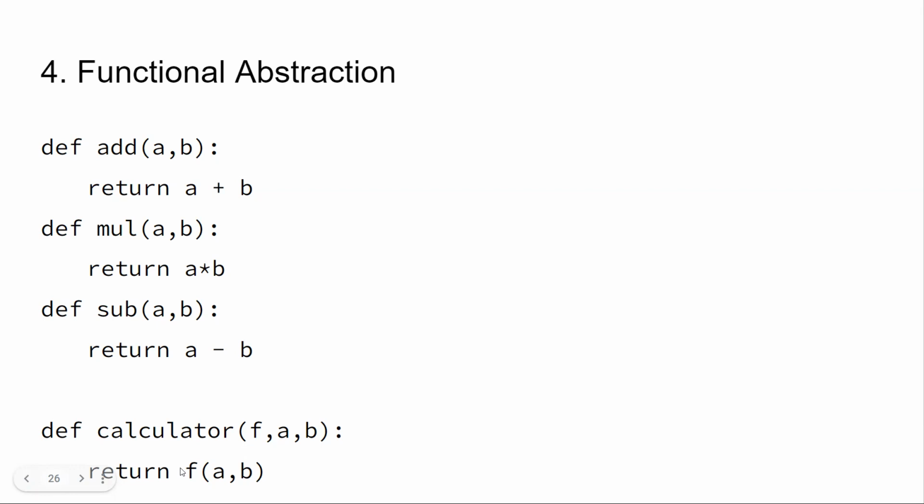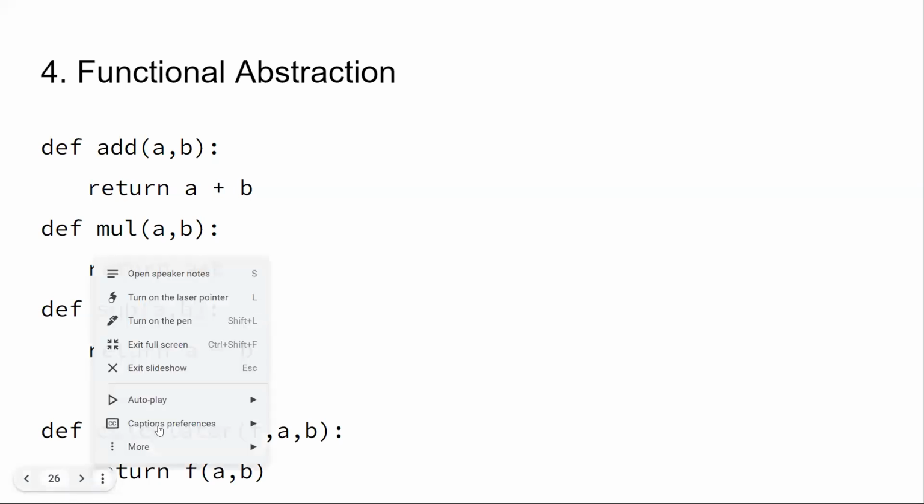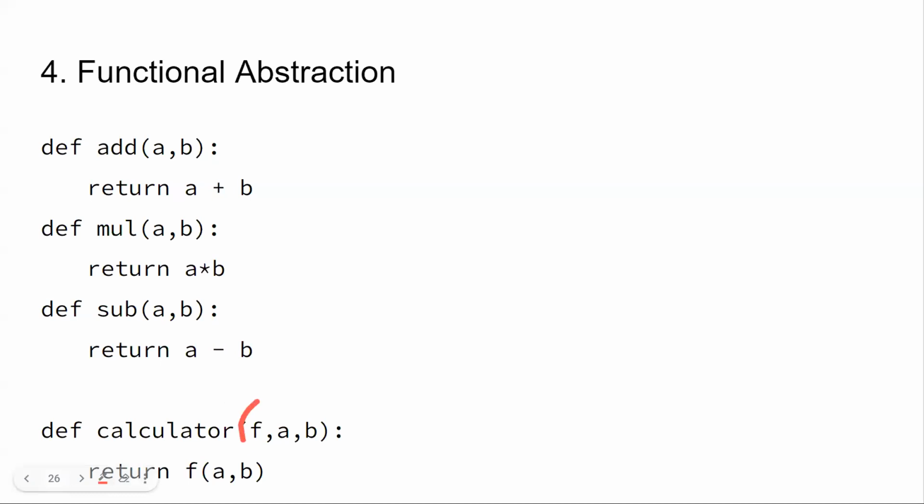So you can call the function and turn a, b into the argument of the function. This is what I mean by treating a function as a value, so that you can take the function into another function as an argument.